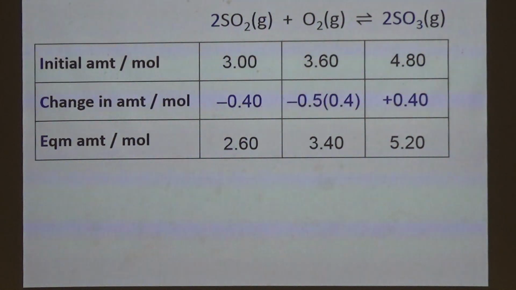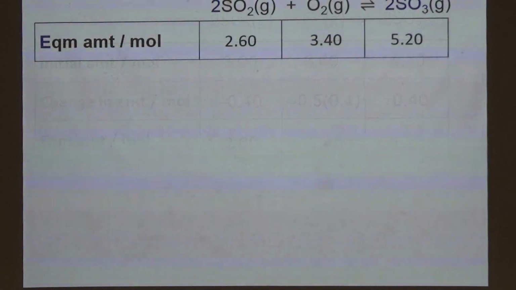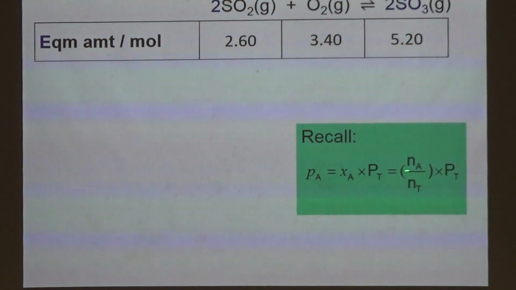I will need to use a concept that we learned in gaseous state: total pressure times mole fraction is equal to partial pressure. So partial pressure of A must be equal to mole fraction of A times total pressure.